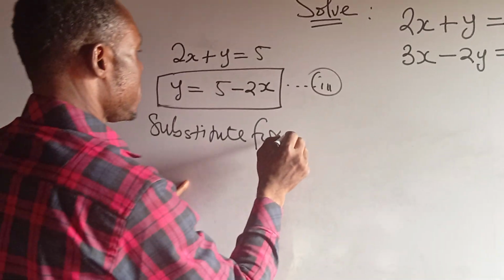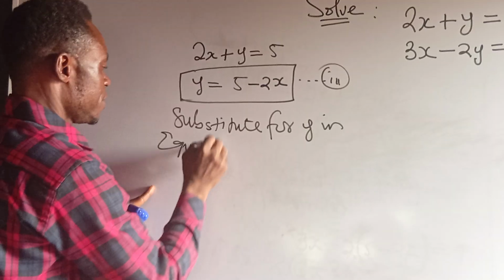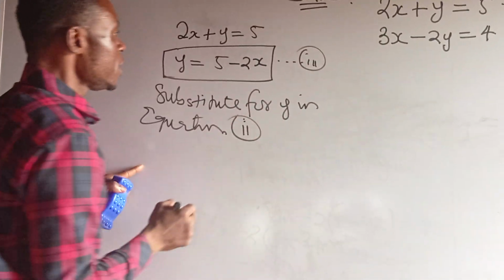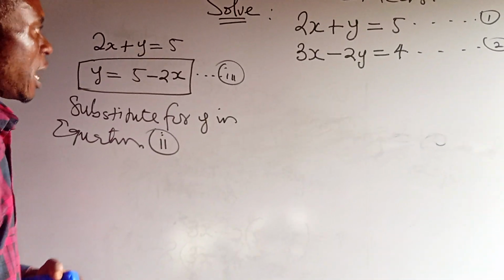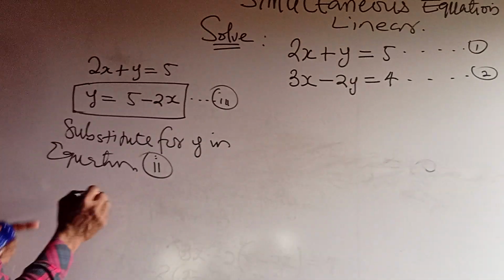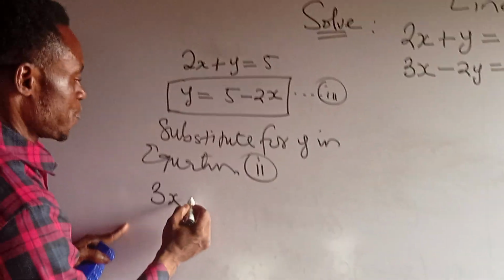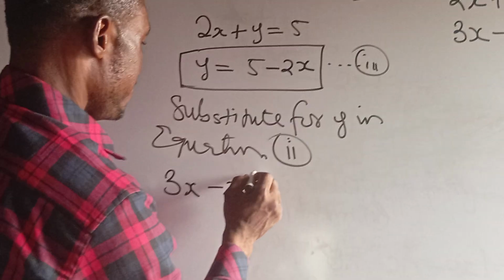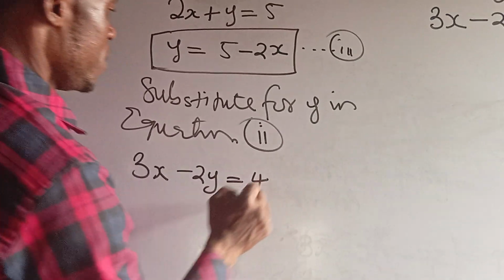Now, let's substitute for y in equation 2. Where is equation 2? See equation 2 here and see the value for y. Now, in equation 2, we have 3x minus 2y equal to 4.